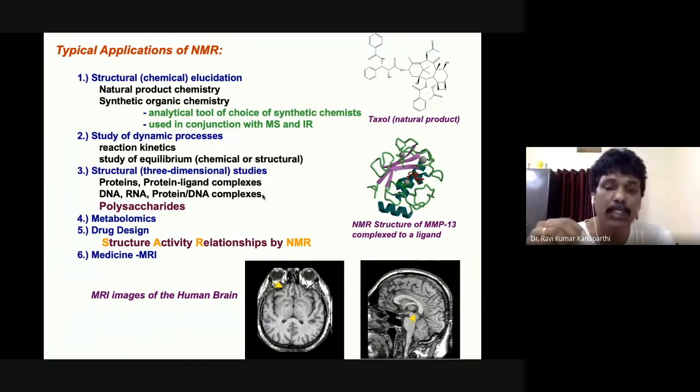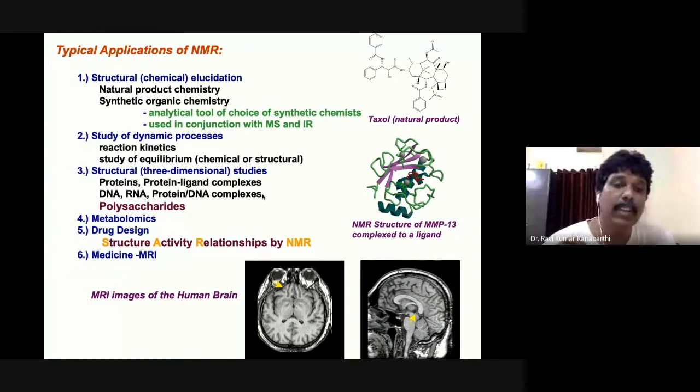If you want to design a perfect drug, and if you know the exact structure of proteins and peptides, then it is fairly easy to design a very good drug for whatever disease you target. Right? So the three-dimensional information, which is nothing but the structure of a molecule, can be obtained majorly by two techniques as of now.